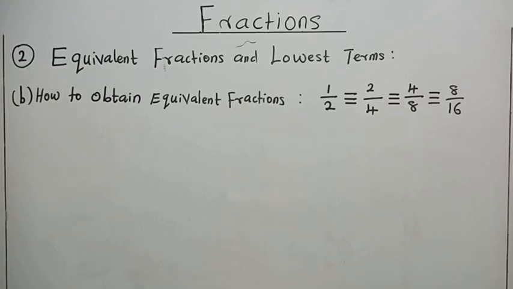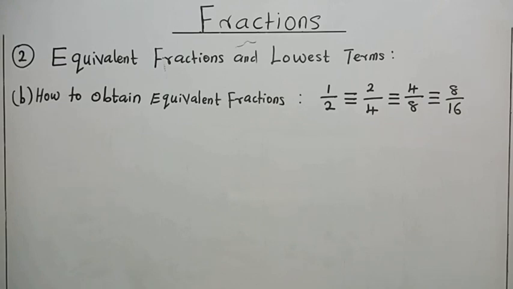The number of equivalent fractions we can get from one fraction is infinite. The type of fraction we get that is equal in value to a given fraction depends on a purpose, depends on objectives set before us.